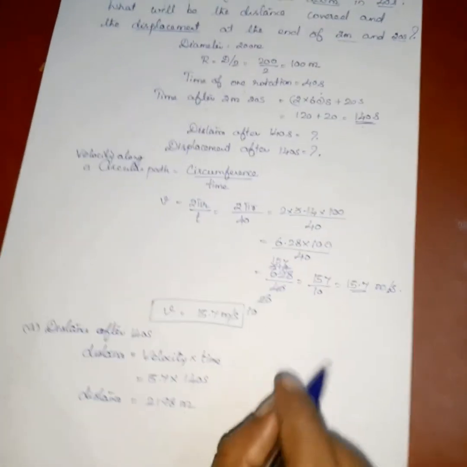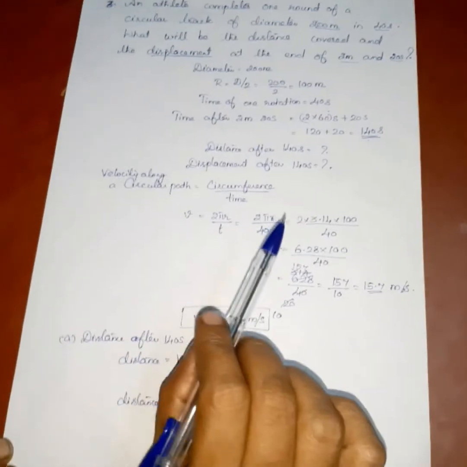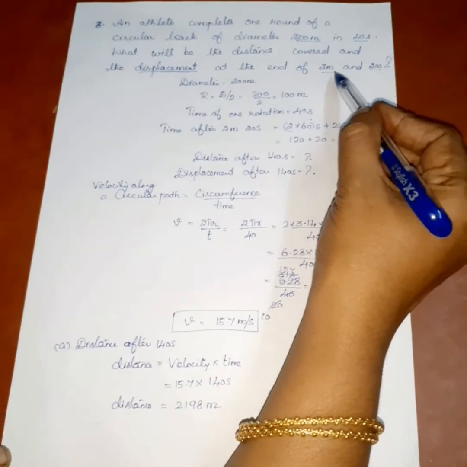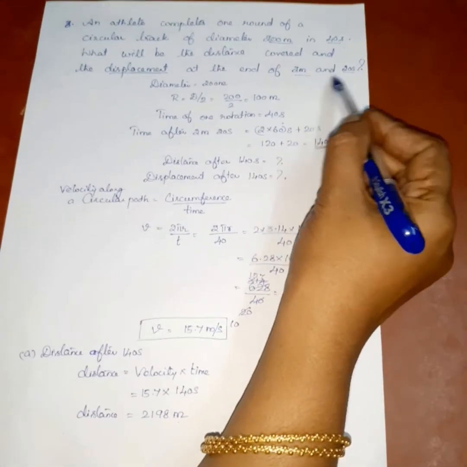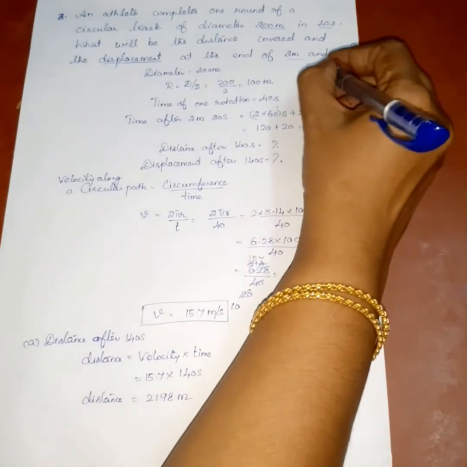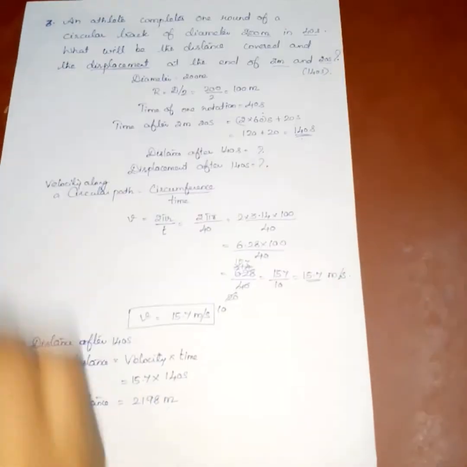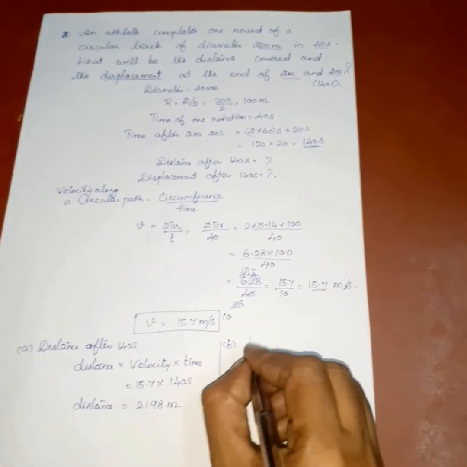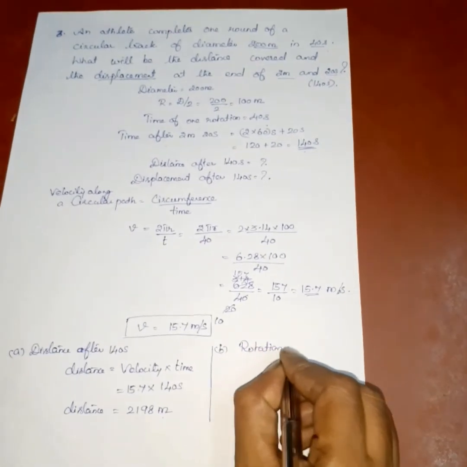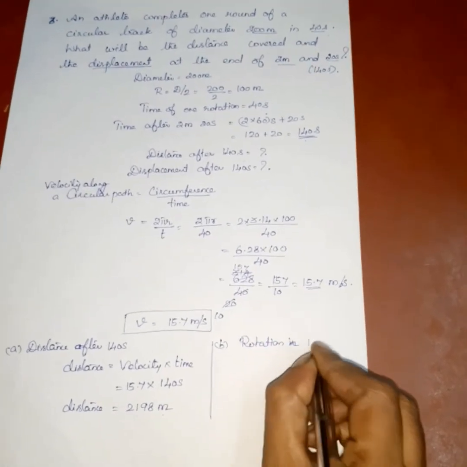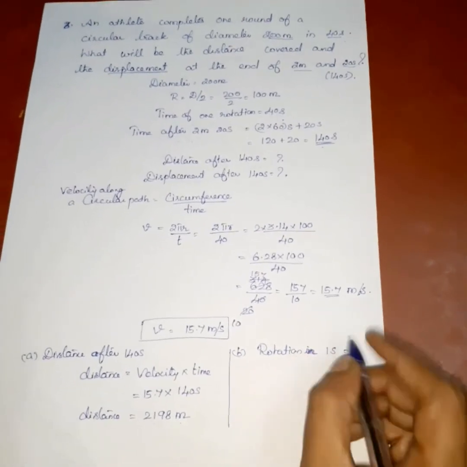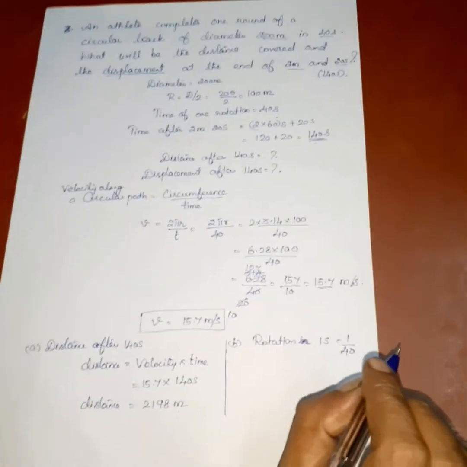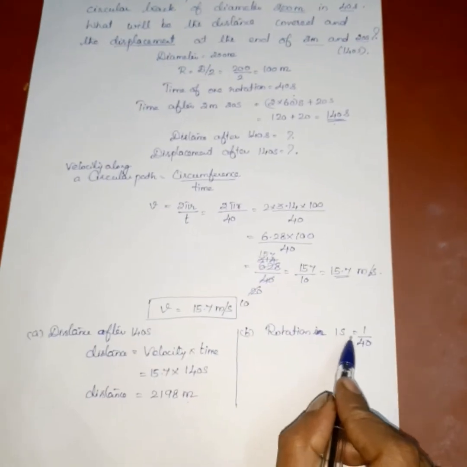Okay. Next, you calculate the displacement after 2 minutes and 20 seconds. So the total value is 140 seconds. Okay. So rotation in 1 second is equal to 1 by 40.